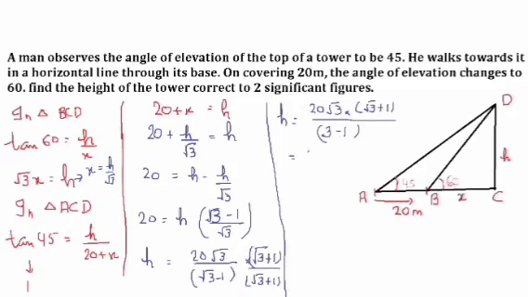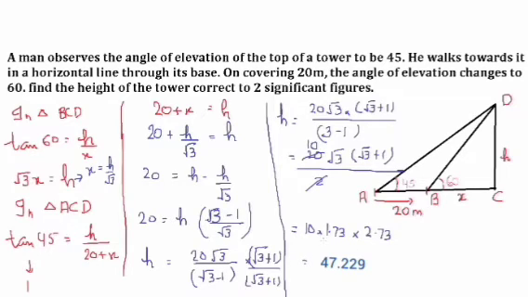So 20 root 3 into root 3 plus 1 upon 2. This cancels out, I will get 10 here. So I will have 10. Root 3 value is 1.732 and root 3 plus 1 will become 2.73. So multiplying this, you will get the answer.